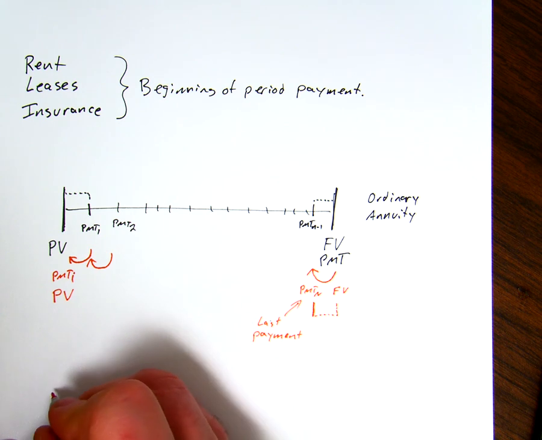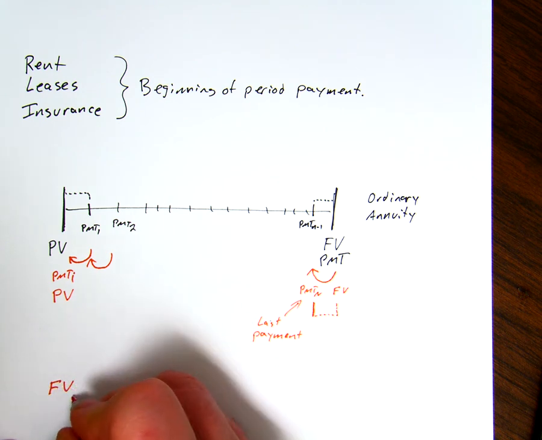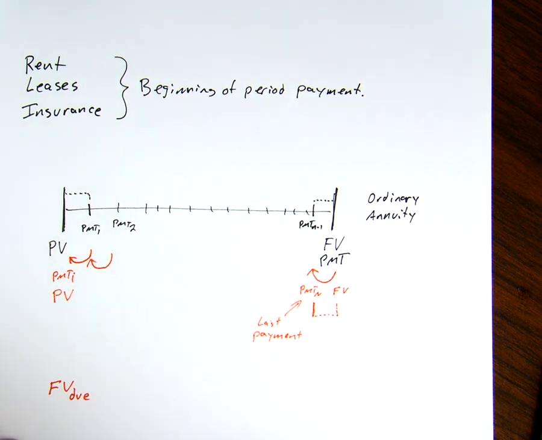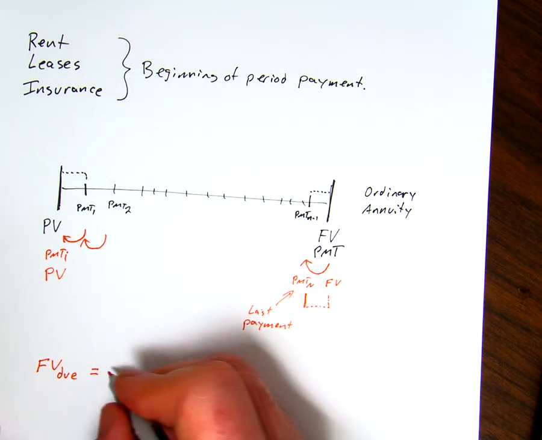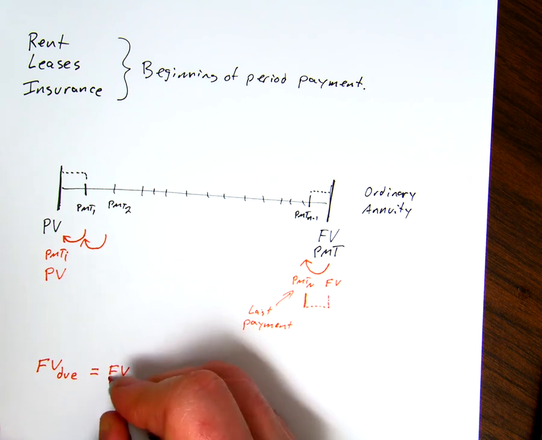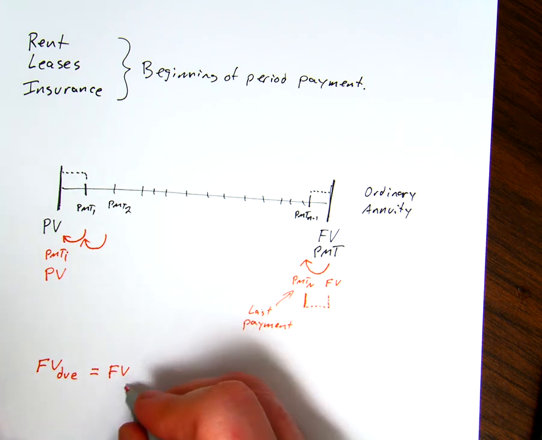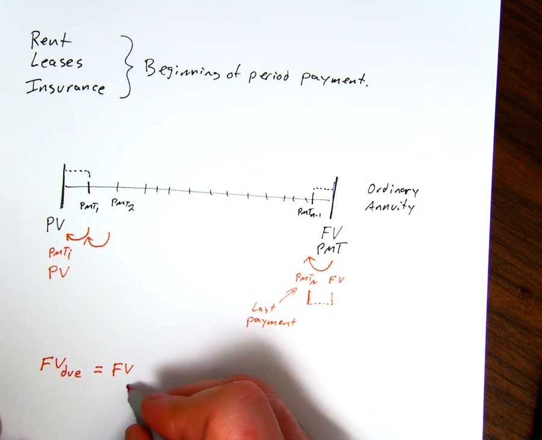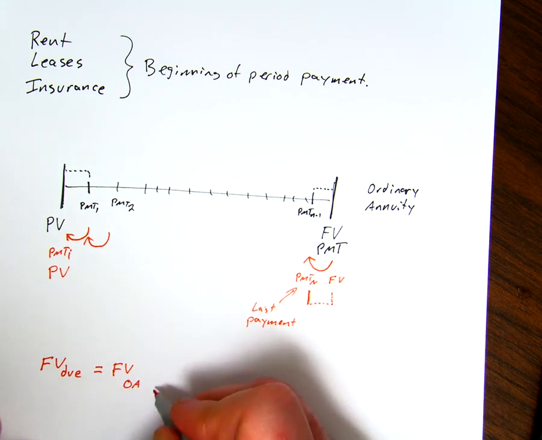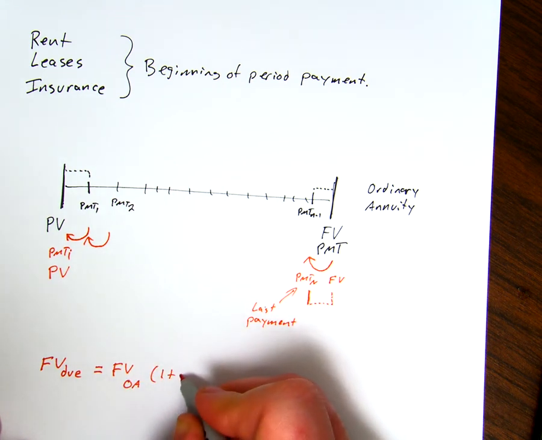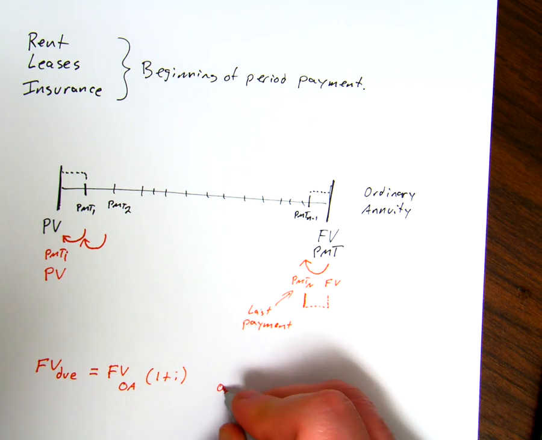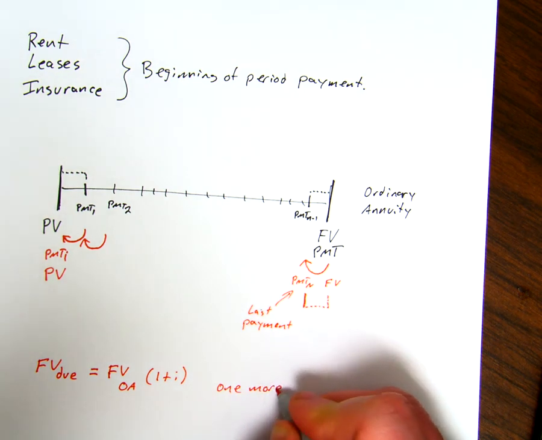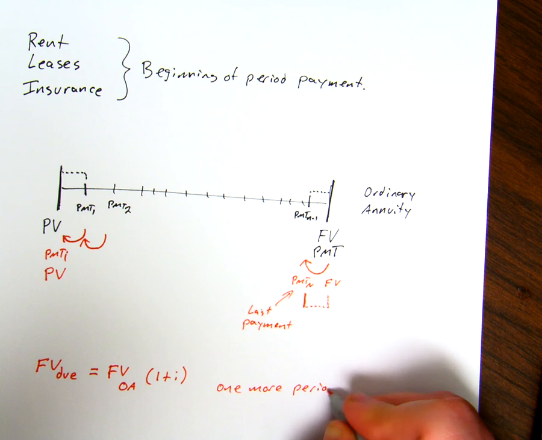So if we take a look at the future value of an annuity due, this is equal to the future value of an ordinary annuity that we had before, times 1 plus I. One more period of interest.